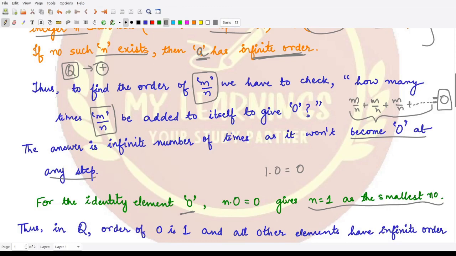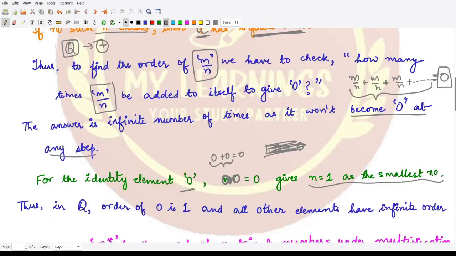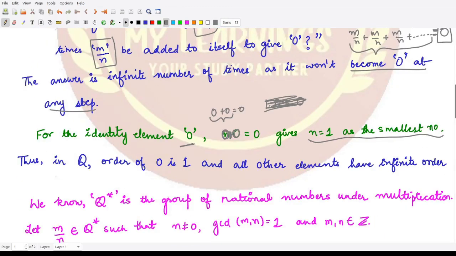You can add 0 to itself: 0 plus 0 is 0. So you are able to do it one time, so the order of 0 is 1. Therefore, in this group of rational numbers, the order of 0 is 1, and for all other elements except 0, we have infinite order.